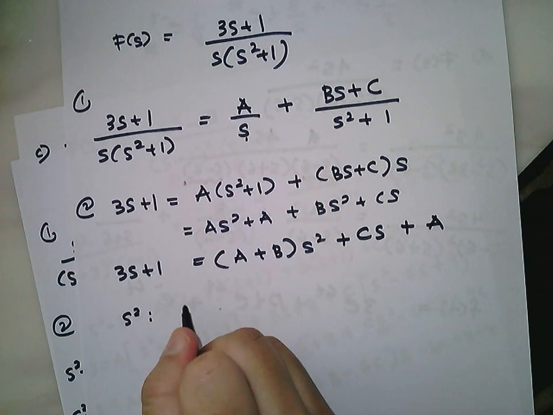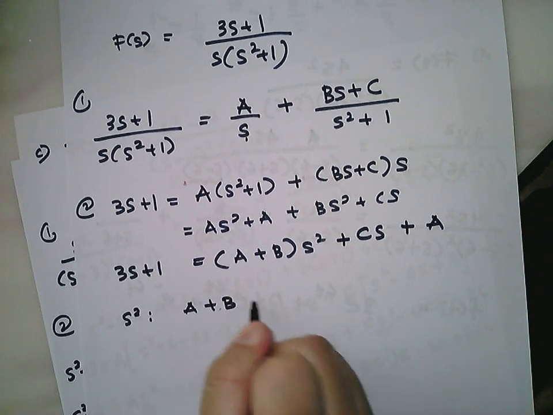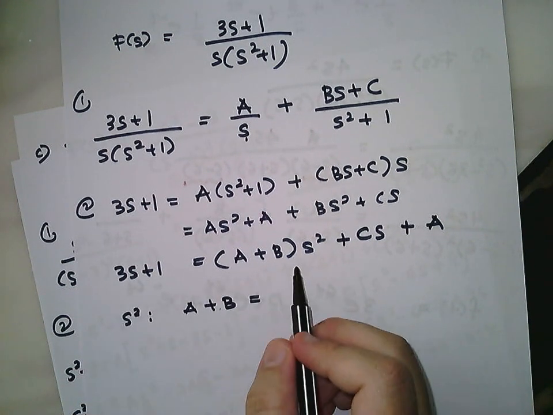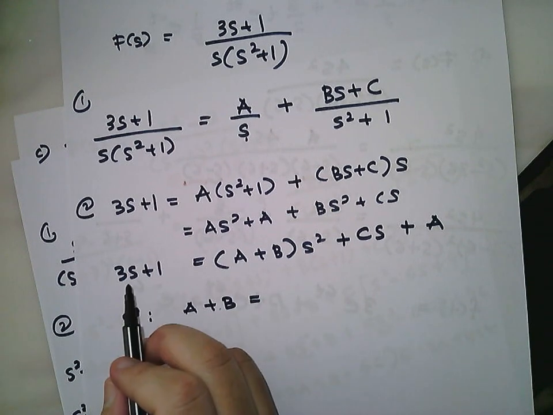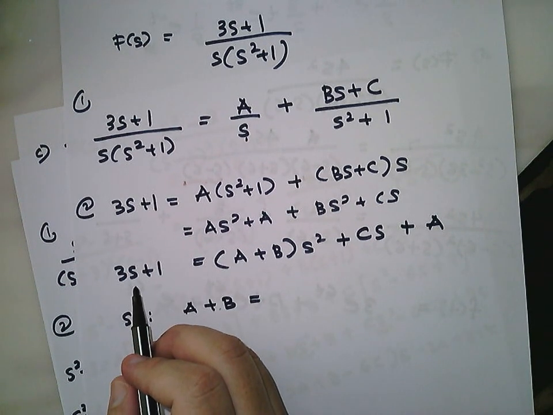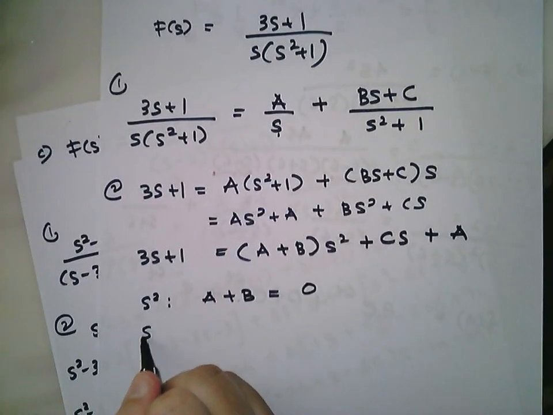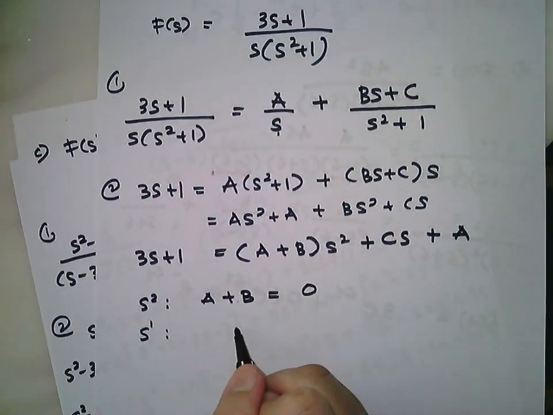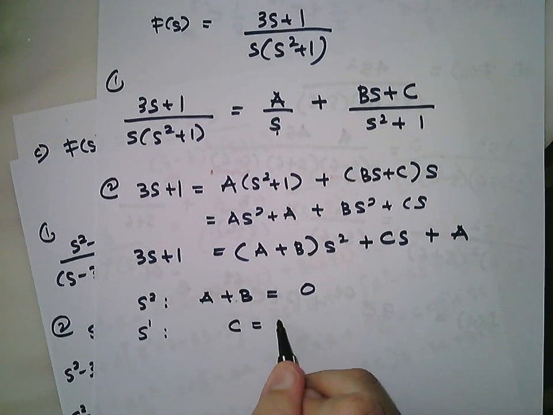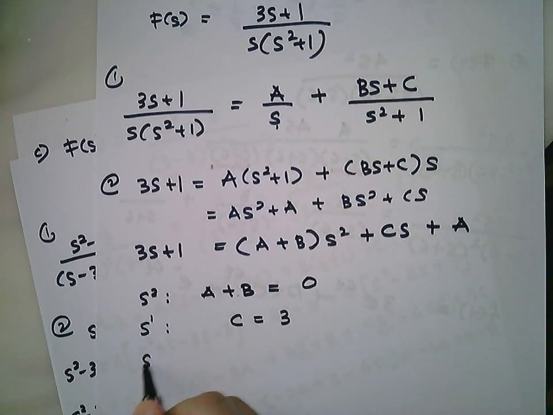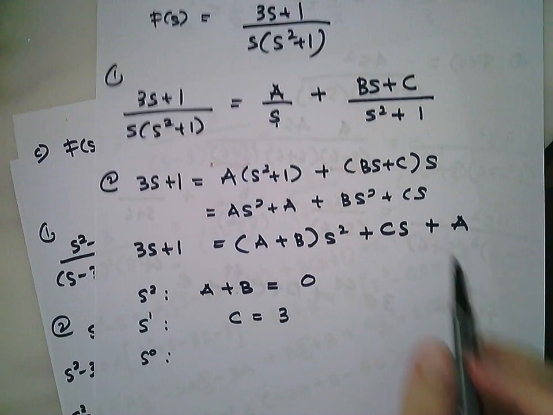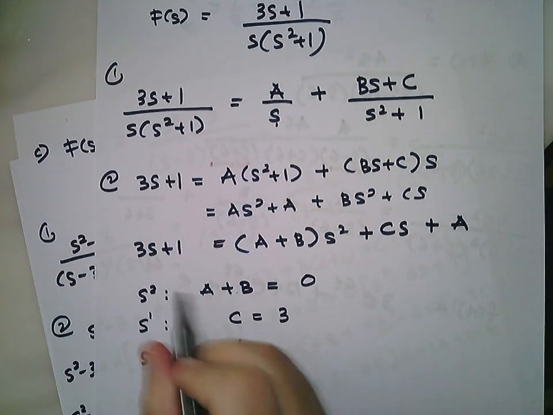On your right hand side you have A plus B, but on your left hand side you don't have anything with s squared, so this will be equal to 0. The second equation, C is equal to 3. And the third one involves the constant, A is equal to 1.